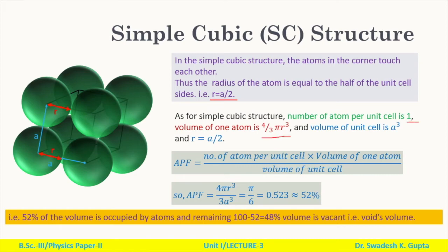Volume of the atom is given by 4 by 3 pi r cubed and volume of the cell is a cubed, and r we already know. So from all these values we can get the atomic packing factor for the simple cubic structure, which comes to 52%. So it means that 52% of the volume is occupied by atoms and the remaining 48% volume is vacant, which is called the void volume.